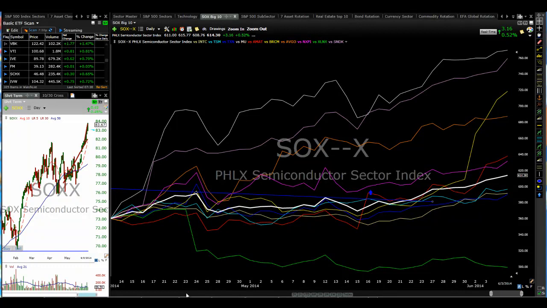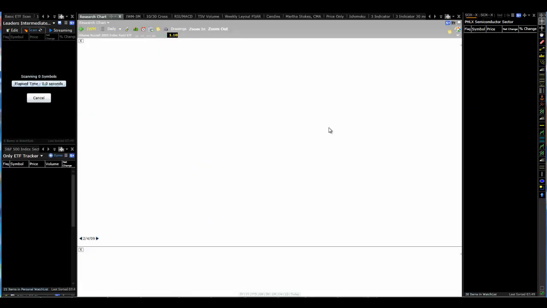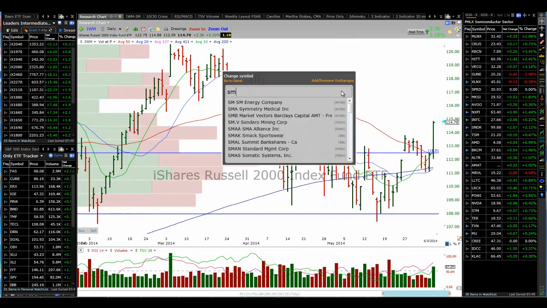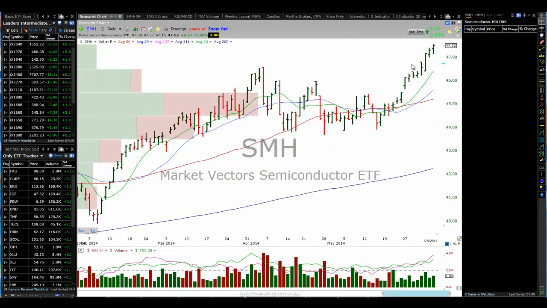There's nothing that said that when we were looking at this, why not just stop at SMH, which is the ETF for semiconductors, because when it broke off of the 15th low, if we set this up, let's just use technical data.